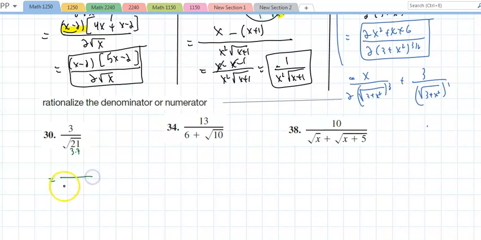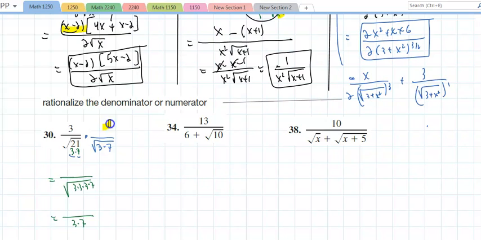So I'm thinking, if I had 3 times 3 and 7 times 7, that would be 3 times 7, and it's radical free. Perfect. But the only way I can get 2 of those, since I have one of those, is if I multiply this by the square root of 3 times 7.